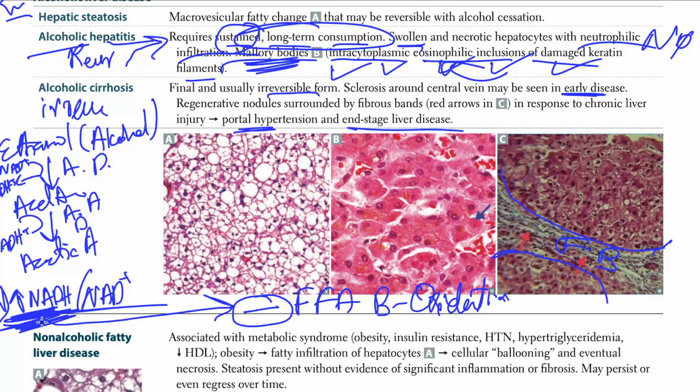So this is causing inhibition of free fatty acid beta oxidation, which then causes triglyceride accumulation within the cytoplasm of the hepatocytes, which then causes hepatic steatosis.